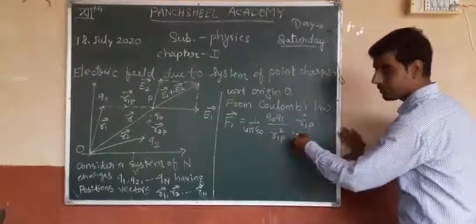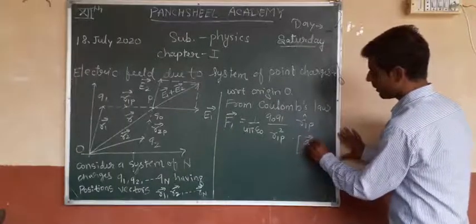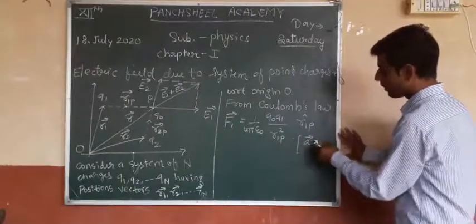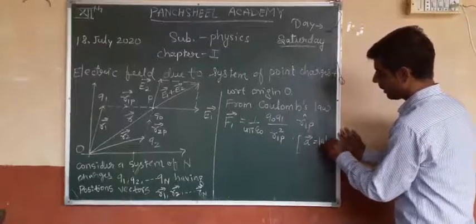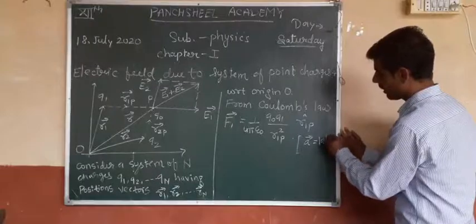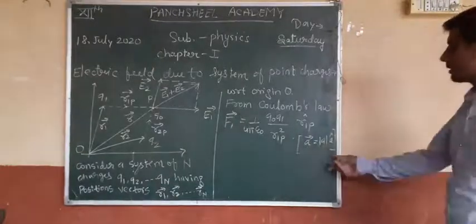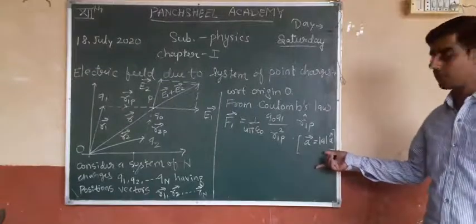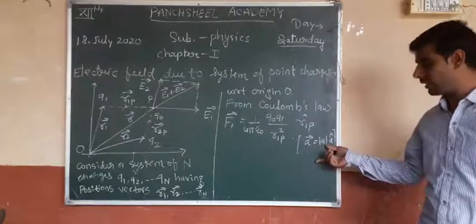I write these things in brackets: A vector is equal to the magnitude of A times the unit vector of A. This is the unit vector and position vector that you studied in your class 11th.